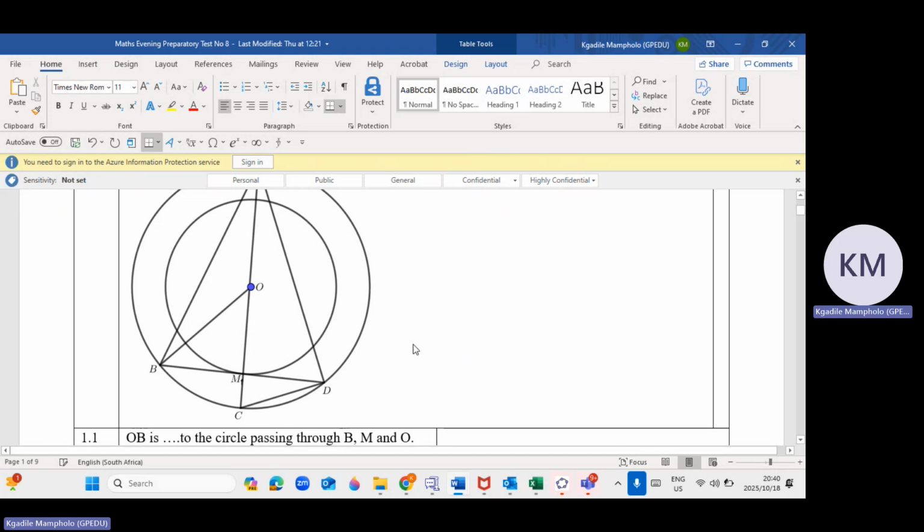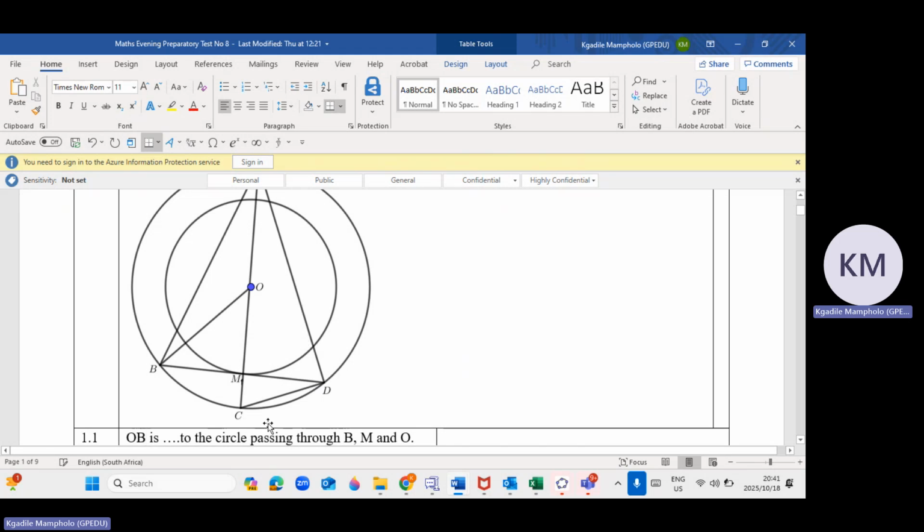We are referring to the larger circle. So angle ADC is 90 degrees, and this angle here is also 90 degrees. You know this grade 12 theorem which says a perpendicular line drawn from the vertex of a right angle triangle to the hypotenuse divides the triangle into two triangles which are similar to each other and also similar to the original triangle.